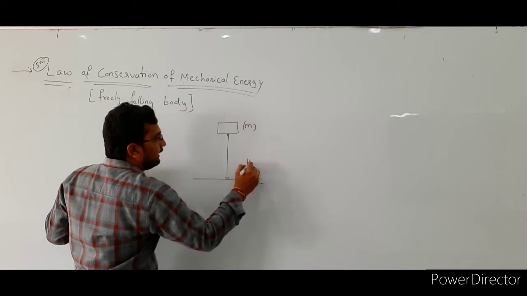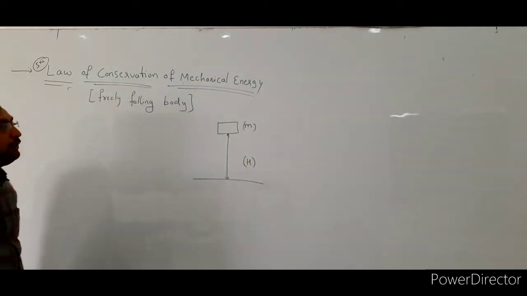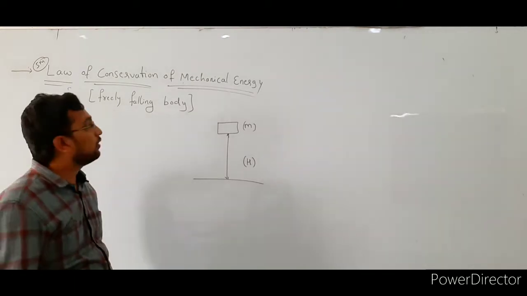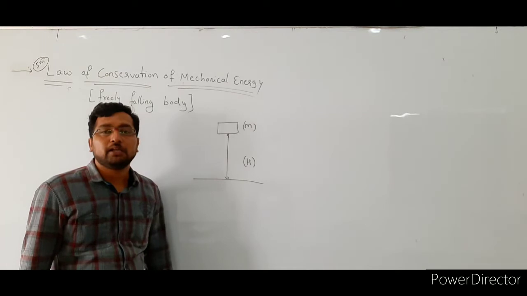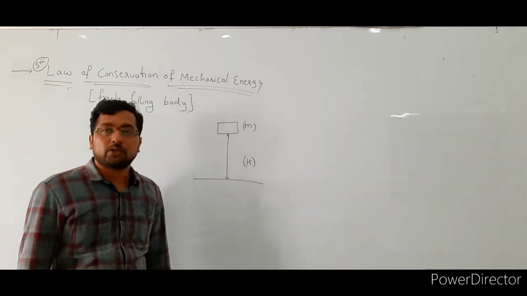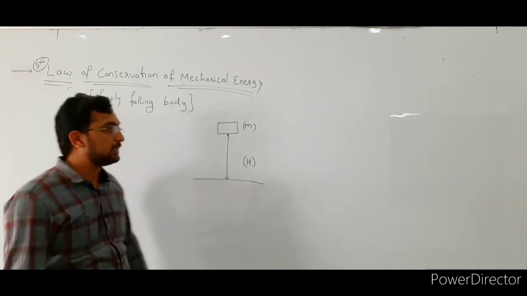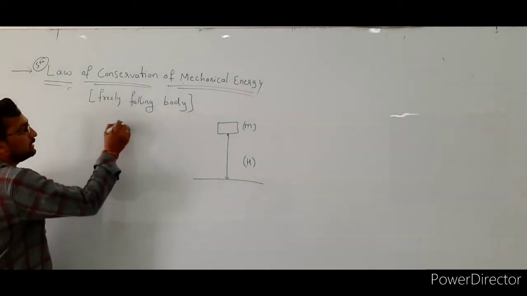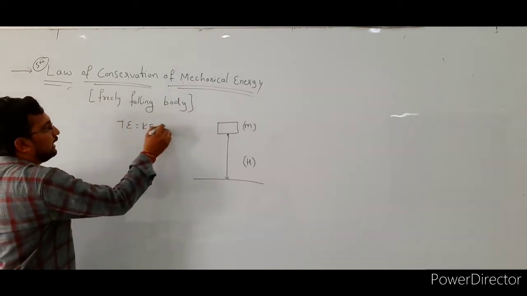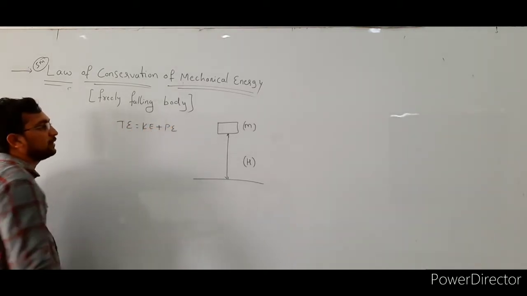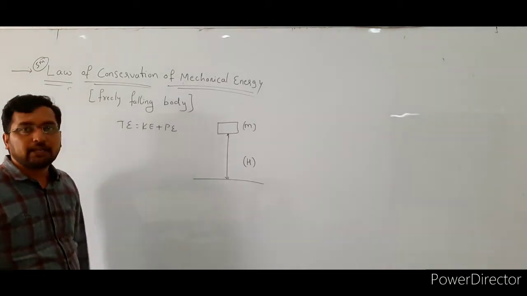According to the statement, the total energy of an isolated system is constant. The total energy is the sum of kinetic energy and potential energy: total energy equals kinetic energy plus potential energy.